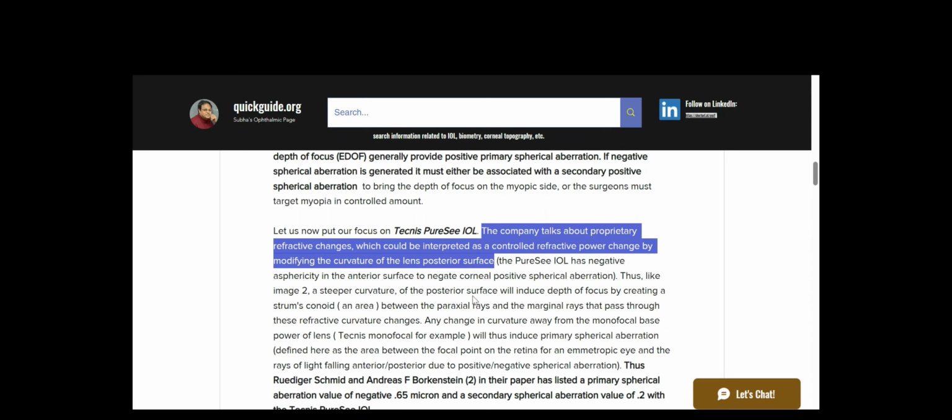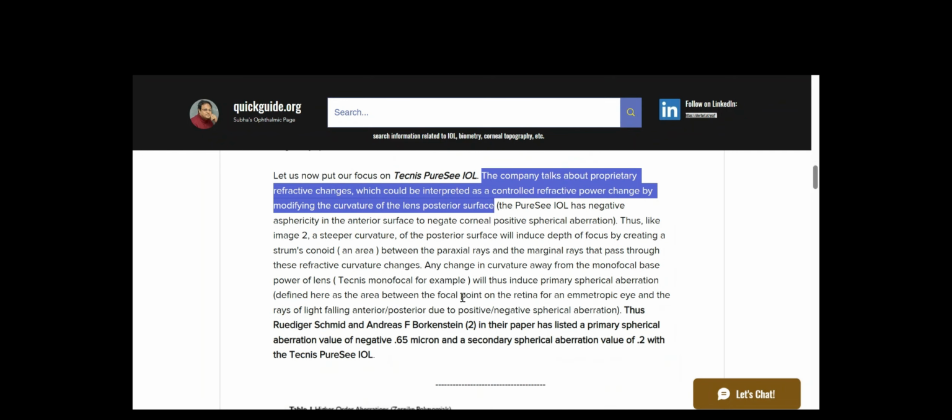They don't disclose what kind of proprietary refractive changes, where these changes actually are, or which part of the lens the changes are in. But they have brought in these refractive changes, and I think you will understand from what I have already shown you in my simulation. At least you understand the concept here.